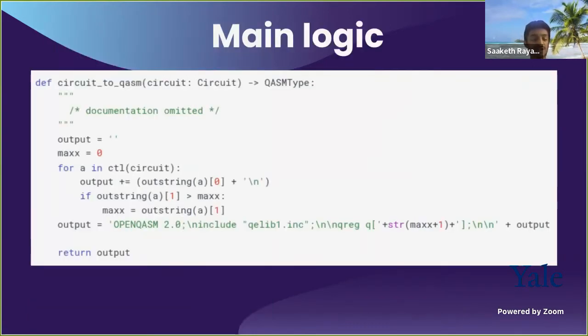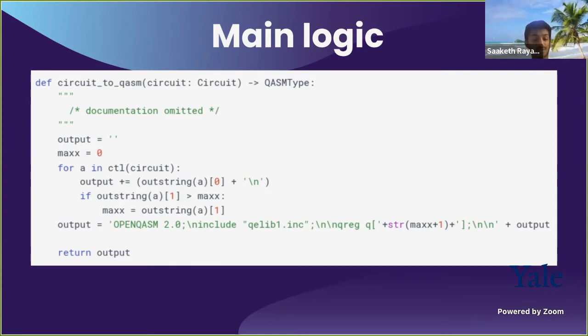And now for the main logic, circuit to chasm, we essentially started with a circuit that was input into this function. We ran it through our circuit to list function and then took our other function, which I believe was called outstring.